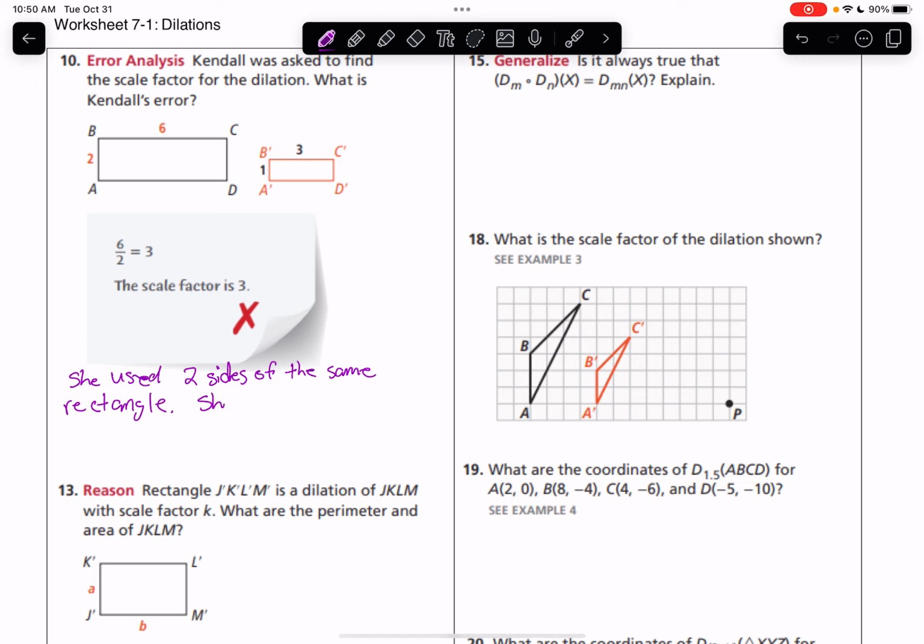She should have used the new side over the corresponding old side. So in this case, we could use 3/6, and that would be 1/2. So the scale factor should be 1/2 or 0.5 there.